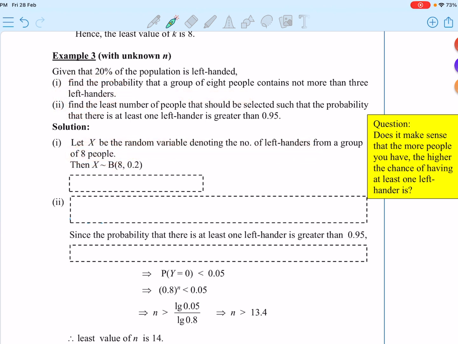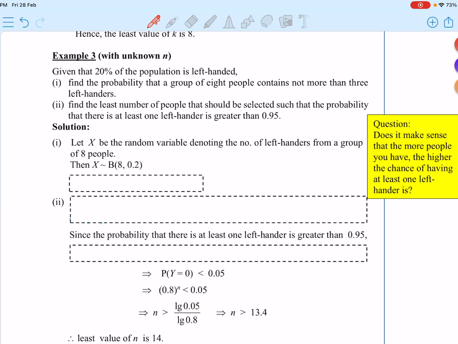So then you write down your distribution for x. Your x follows a binomial distribution. Your n is 8 because out of 8 people, and your case of success, the probability is 20%, so converting to probability, it is 0.2. Then in answering the question, it says here group of 8 people contains not more than 3 left-handers.